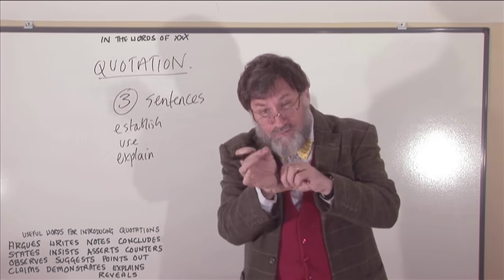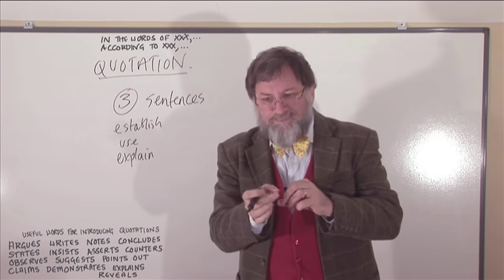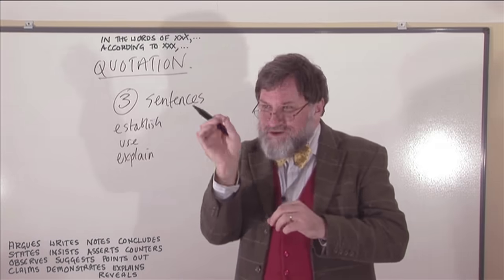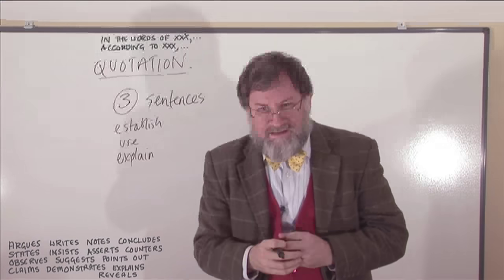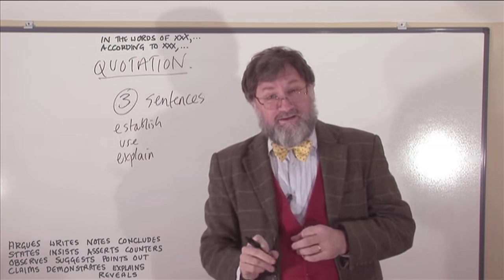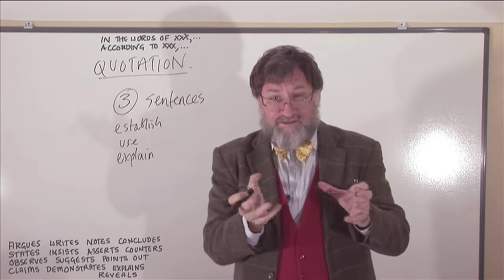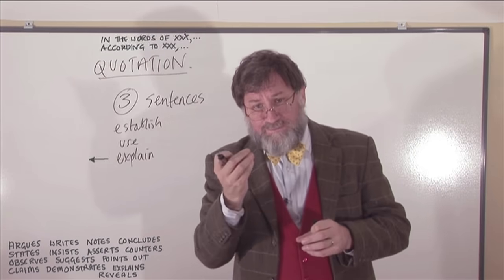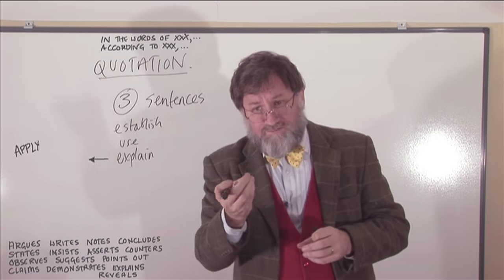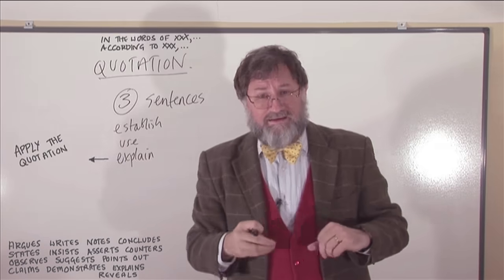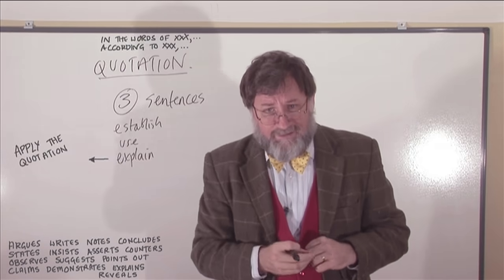And then you take the jewel out of the ring, if you're a jeweler, and you look at that again, and you can turn it round and you can see it by many different facets. Well, in your essay, you're only interested in 1 or 2 facets. You're not interested in the whole thing. So you have to apply your quotation. You have to apply that jewel, put it back into its setting in the ring.